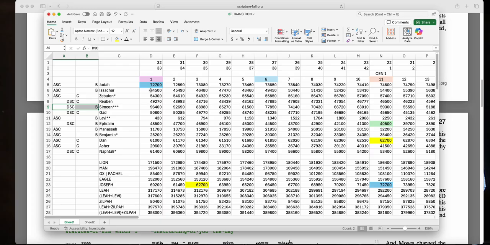So what does that do for our numbers right here? If we look at the totals of these, we're going to count all of the ascending numbers, and I'll do it like this so we can see the sum down here. So ascending, we're going to have these 8.